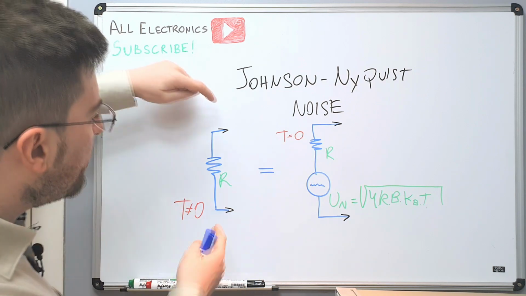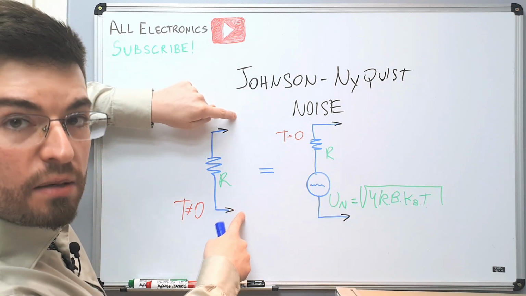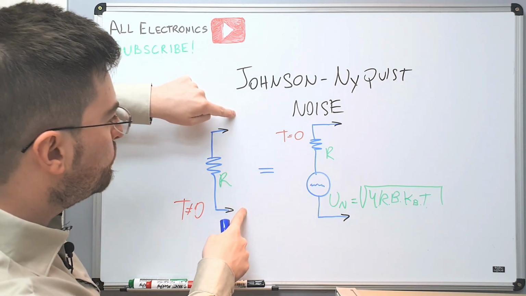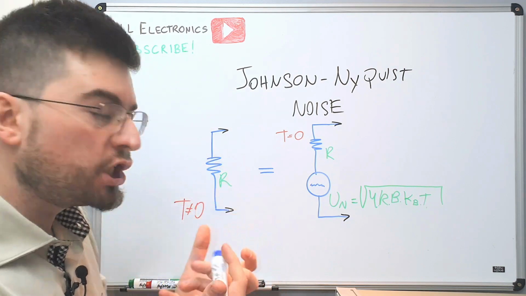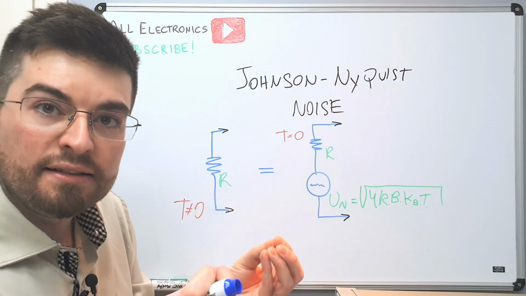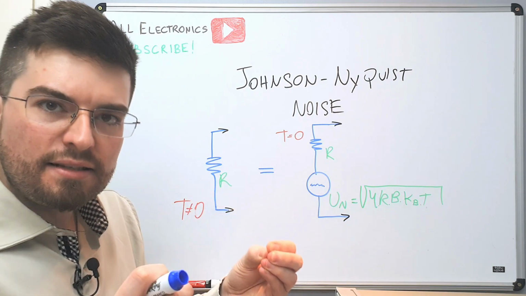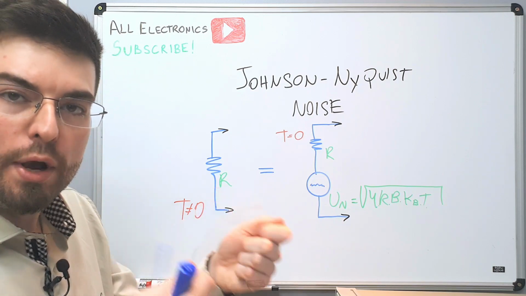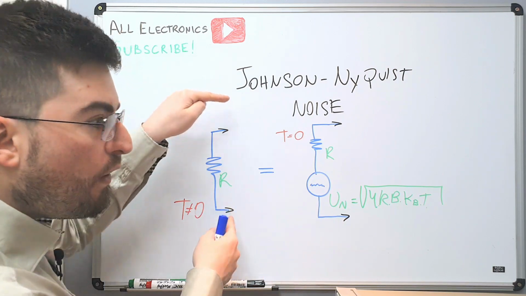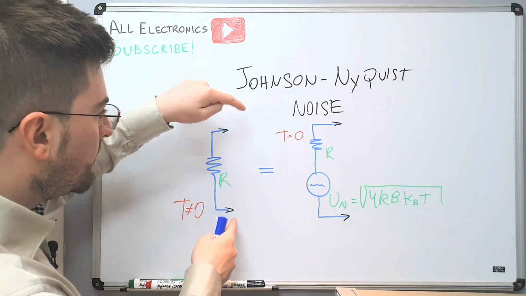This will generate noise in its terminals in the two well-defined points A and B, and this noise comes from the thermal fluctuation of the electrons inside this material. So any resistance that exists with higher temperature than 0 Kelvin will present noise, self-generated thermal noise in its output.